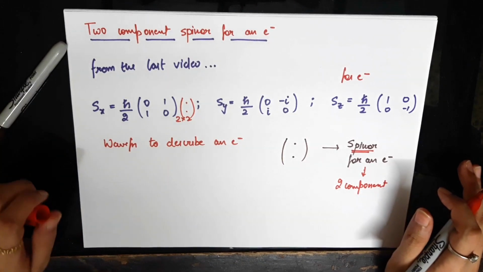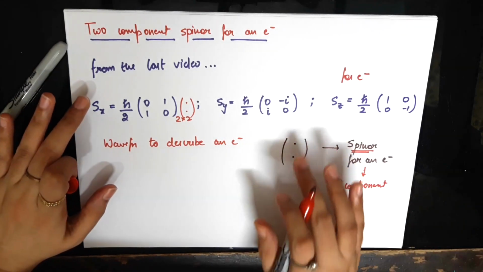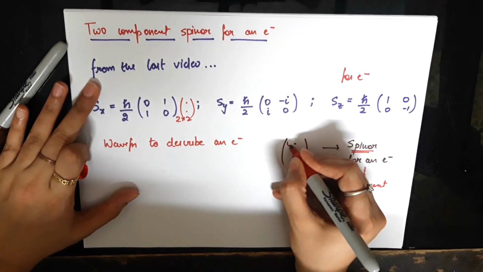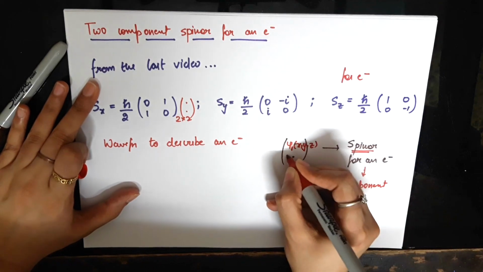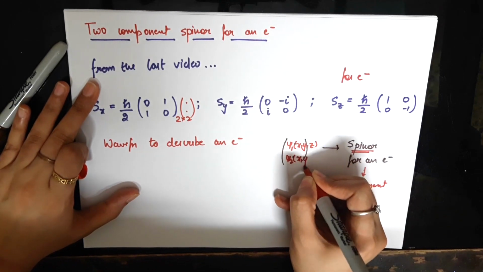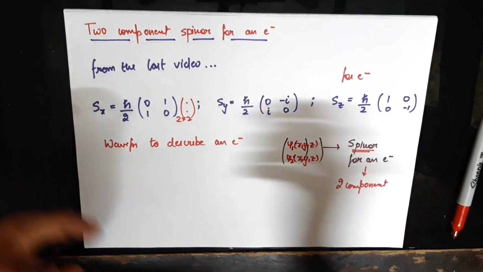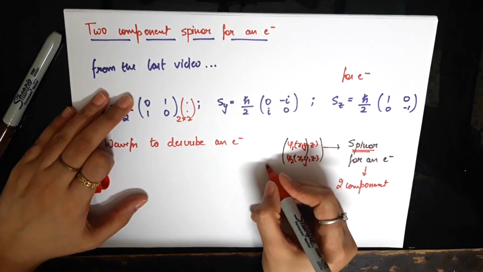Now to describe in the most general way the state of an electron, it would be two components, but the two components in the most general sense could be some functions of x, y, z. It would be psi1 of x, y, z and psi2 of x, y, z. So this is the most general form of the wave function, and this is all in the non-relativistic regime.